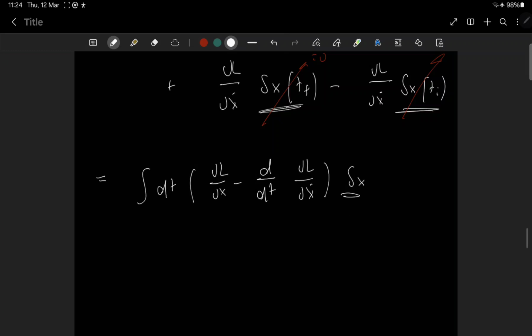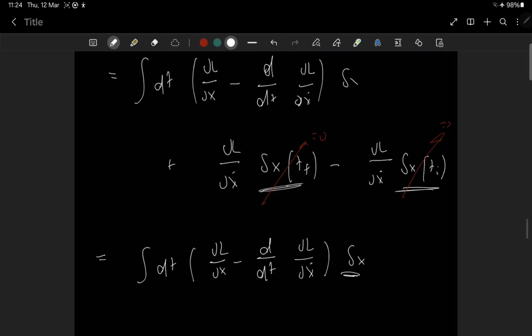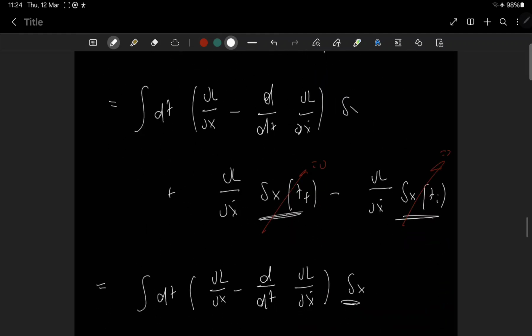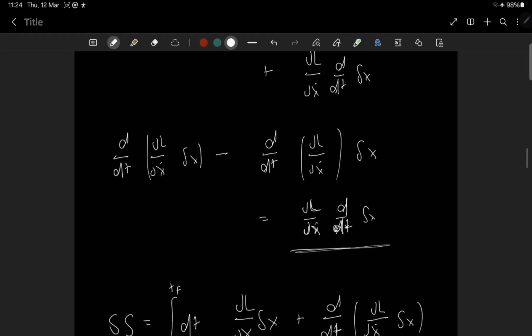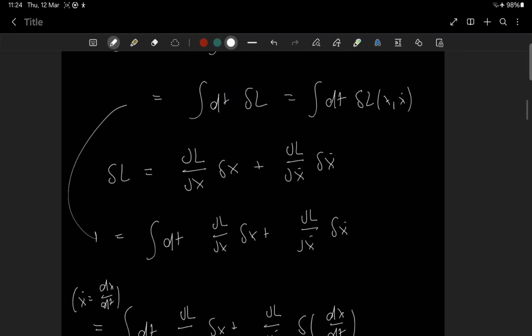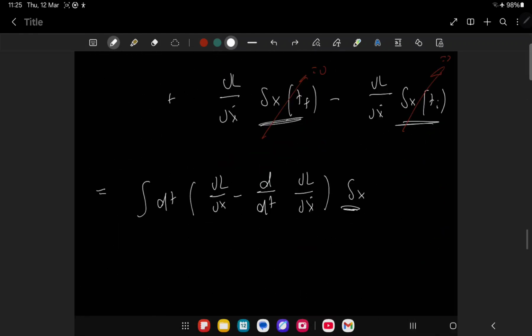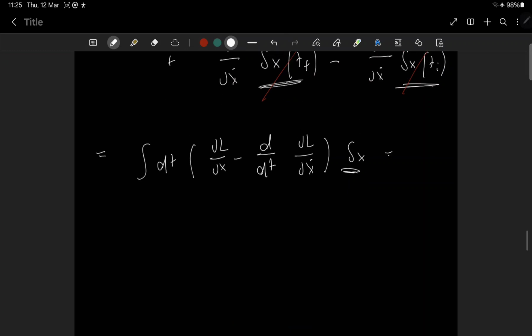And now this delta x is arbitrary, and we said we want to extremize the action. So if we go back up here, this should be equal to 0, because we want a maximum or a minimum of the action. So if this is to be 0, then this must be equal to 0, because delta x is arbitrary.